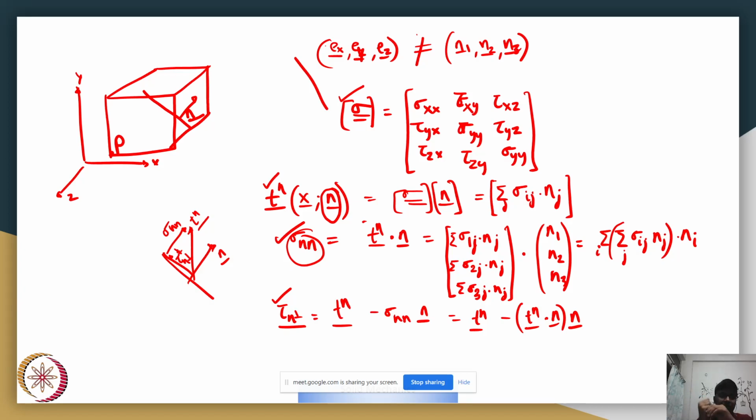We take a small tetrahedron about a point P, and we slowly shrink down the tetrahedron to obtain what traction we'll get on this particular plane given by n, as a function of tractions on three mutually perpendicular planes.